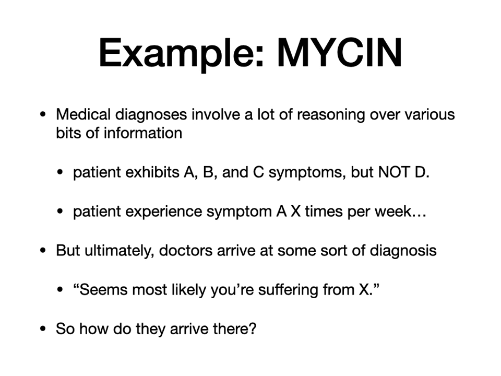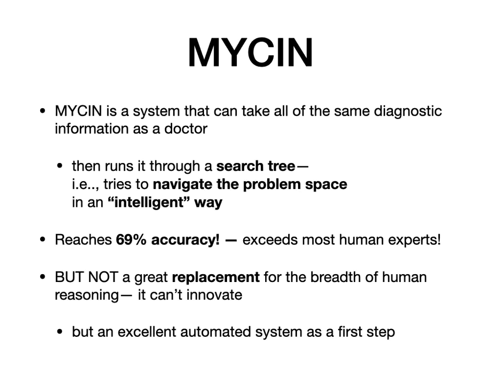The idea is that normally if you go to your doctor and you present them with your status like this, they'll work through it and eliminate some things and settle on others, and they will navigate some kind of decision structure to arrive at, hey, it looks like you might have this disease, this illness. And the question is, how do we capture that process for how they arrive there?